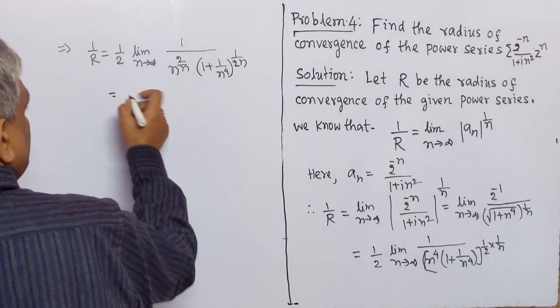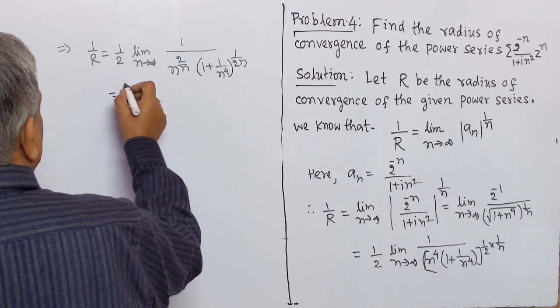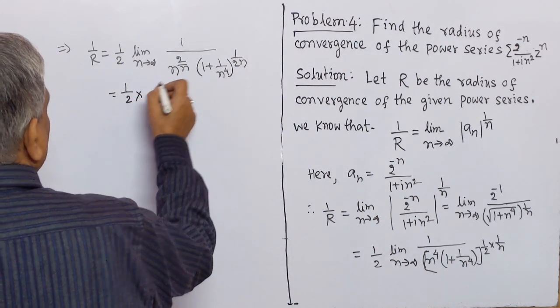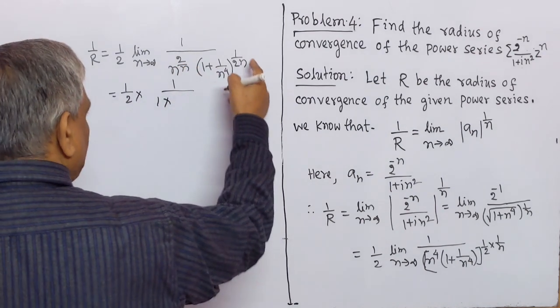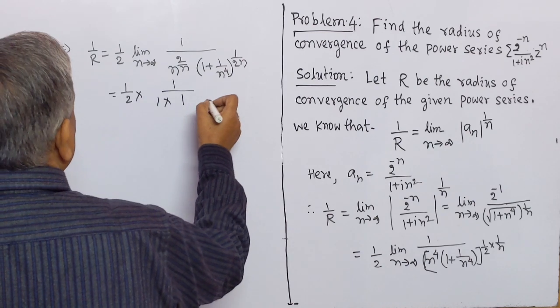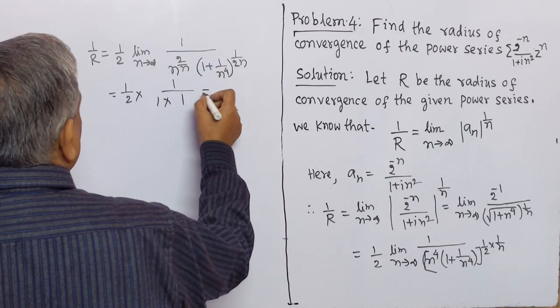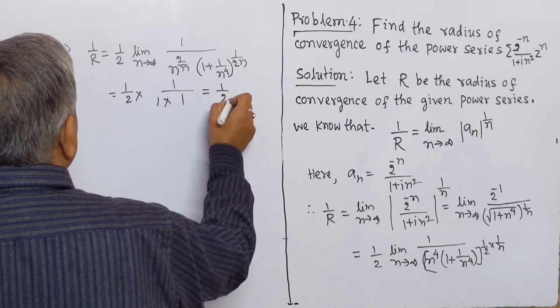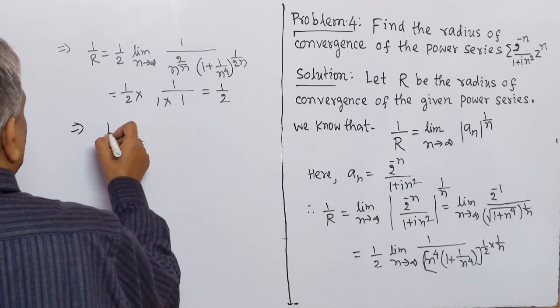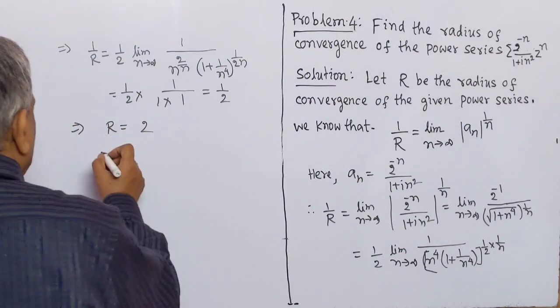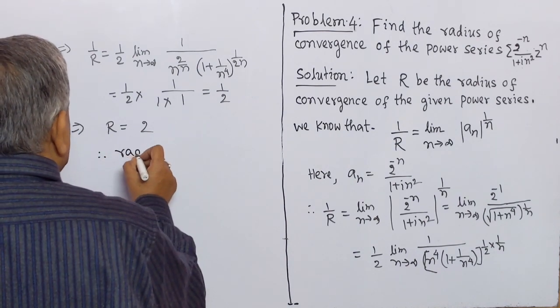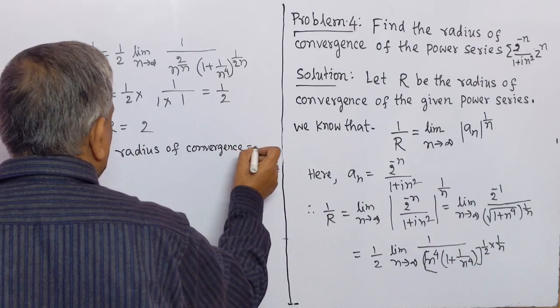Similar to previous problem, here we get half, value of this will be 1 and value of this will be also 1. So this is half, implies that r equal to 2. Therefore radius of convergence equal to 2.